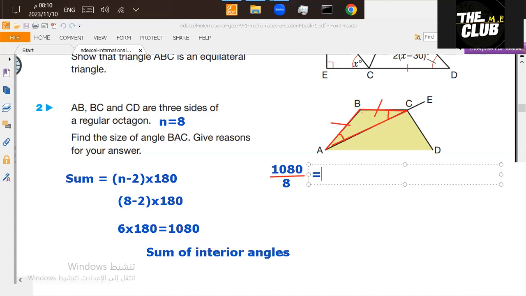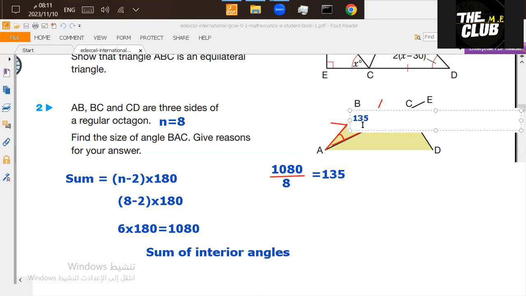So 1080, sorry, 1080 divide 8 equals 135. So it means that each interior angle is 135. It means that B is 135 because B is one of the interior angles. Let's make it smaller. Okay.